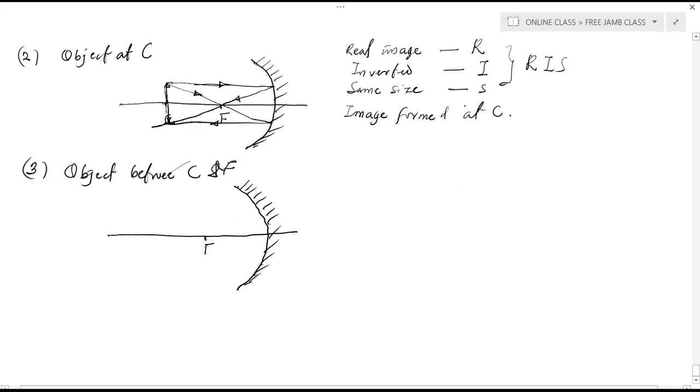This F here, C here. Object is between C and F. First, parallel line to the principal axis passes through the F. Then another one is going through the F itself.